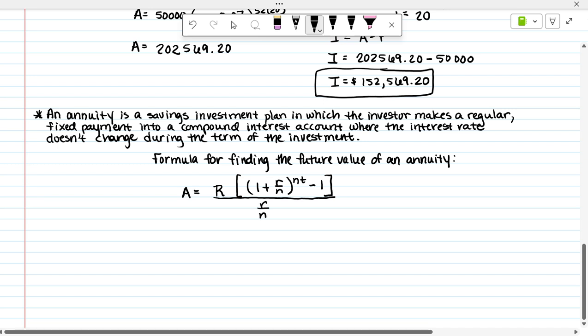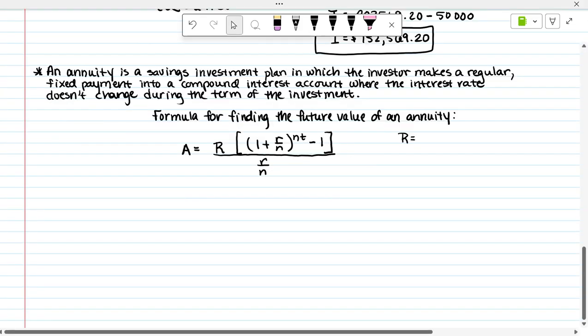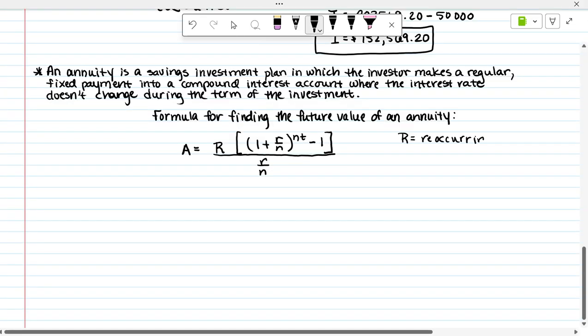There's only one new letter here, and that's the capital R. That capital R stands for the recurring payment. You'll see what I'm talking about when we do the example.